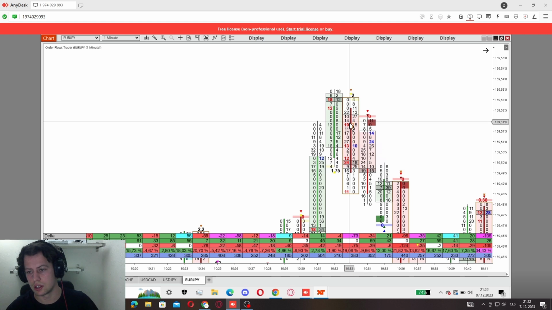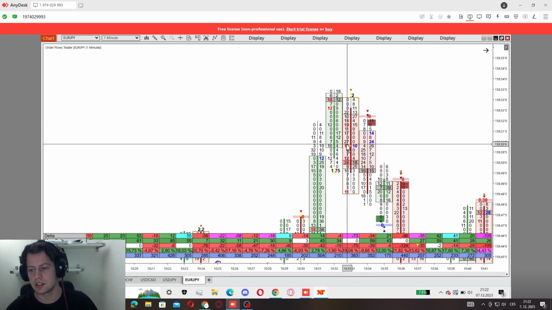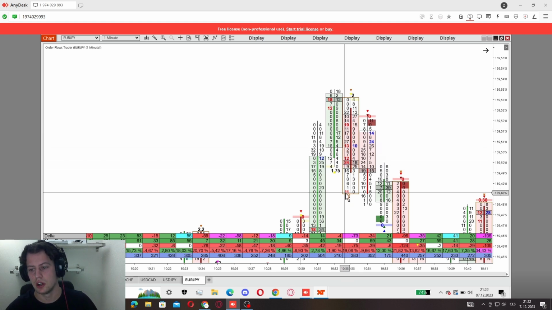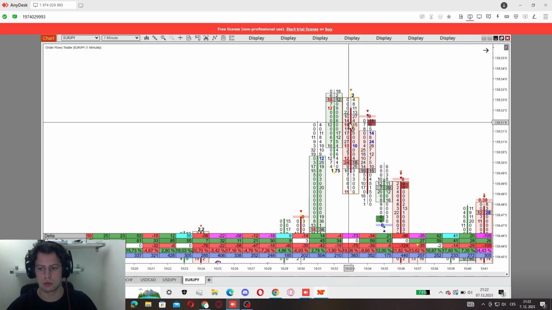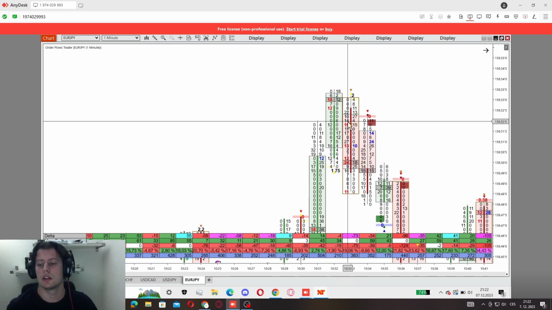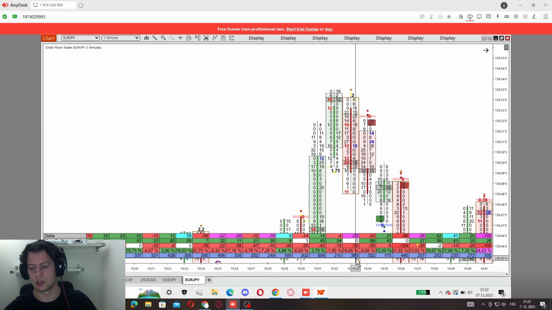Also you can see that we have imbalances. This is big pressure. We have 5 imbalances, which is quite a lot in one candle. And the volume is also quite big in comparison with other candles.